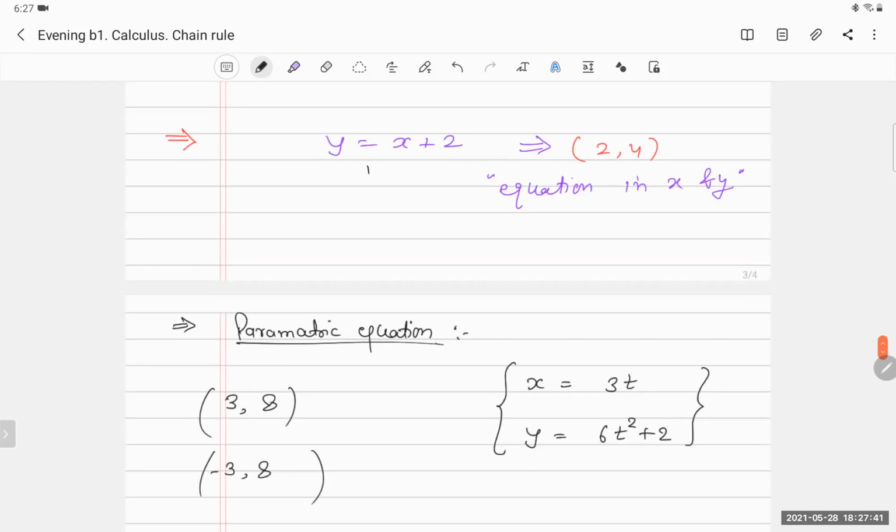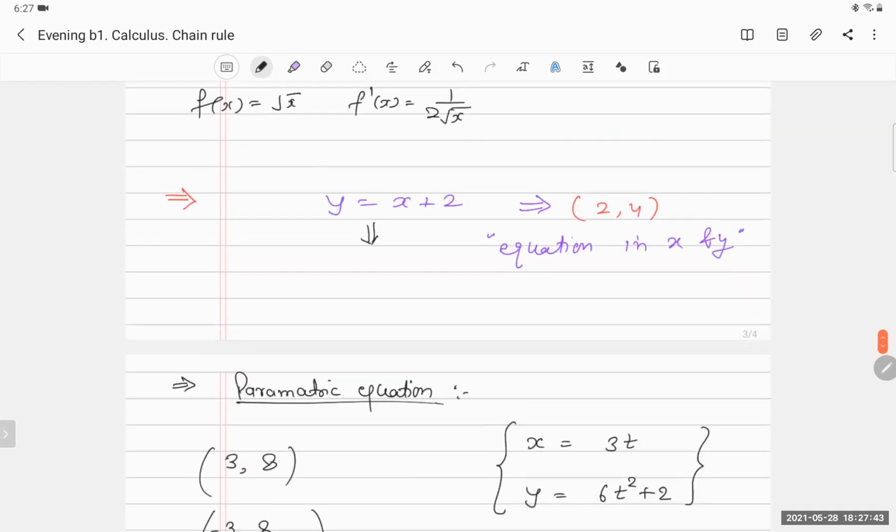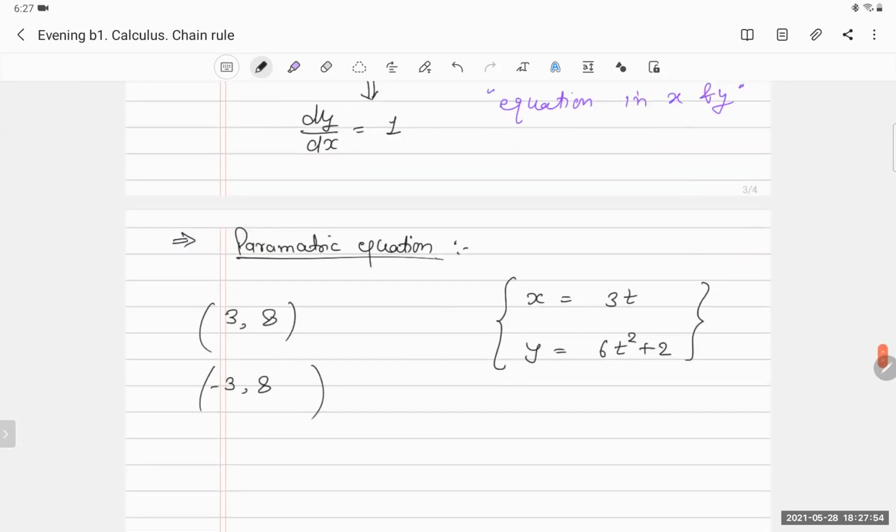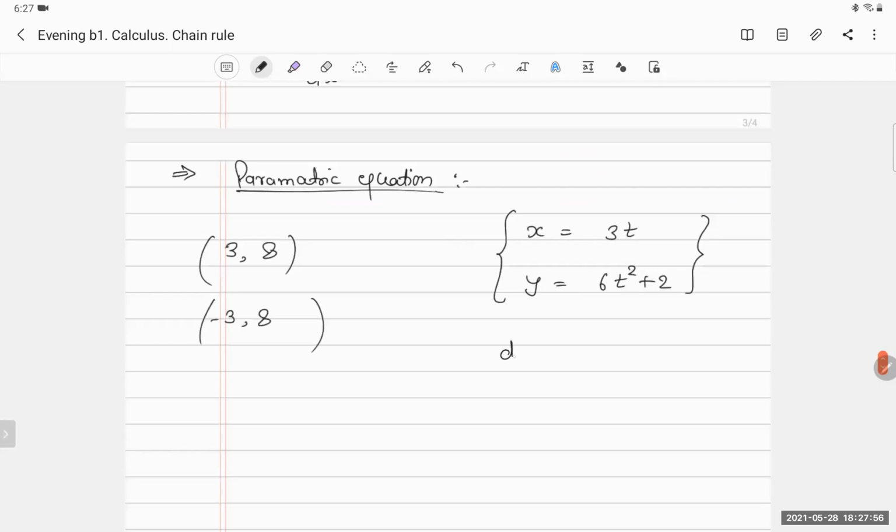Suppose here I want to calculate dy by dx. So how will I do it? Suppose in this example, if I want to calculate dy by dx, tell me, how will you solve it? Sir, chain rule.